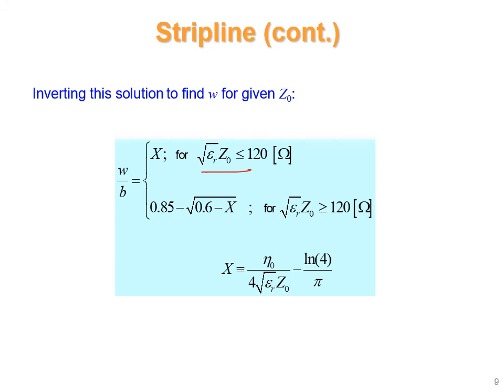If this is less than or equal to 120 ohm, then W by B equals X, and if it is greater than or equal to 120 ohm, then W by B is equal to 0.85 minus the square root of 0.6 minus X. And what is X? X is this factor, eta naught upon 4 multiplied by square root of epsilon r into Z naught, minus ln, the natural logarithm, of 4 divided by pi. So this is your X. Thus you can design a strip line.